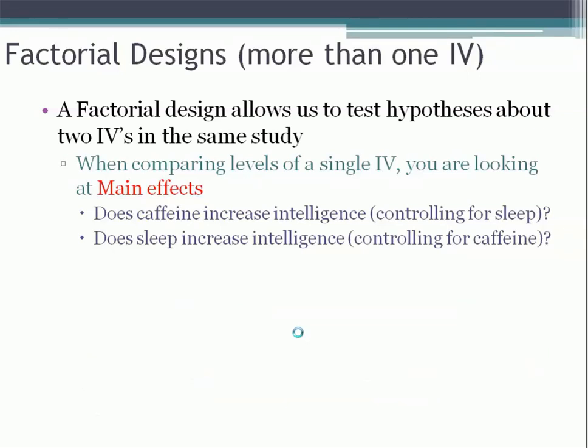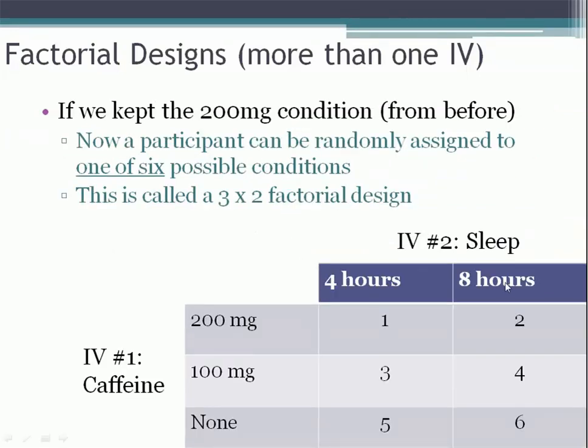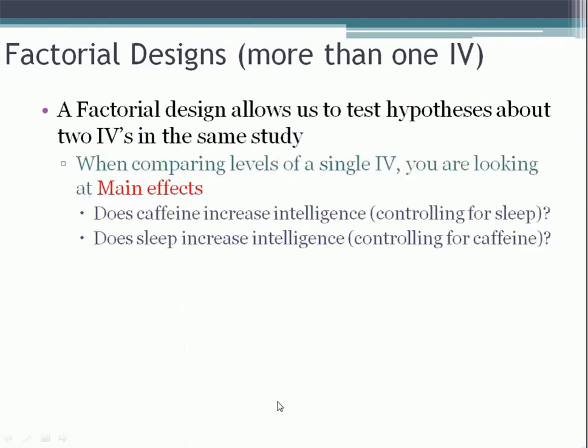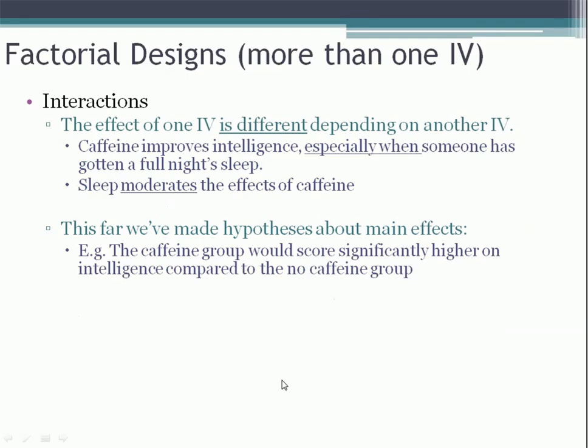So now we're not just looking at the difference between the 4 hours and the 8 hours, or the difference between the 200 milligram, 100 milligram, and none. We're looking at one particular cell, right? 8 hours and 200 milligrams compared to these other 6 cells. Okay. Now, the way to think about an interaction is that it's the effect of one independent variable that differs depending on another independent variable.